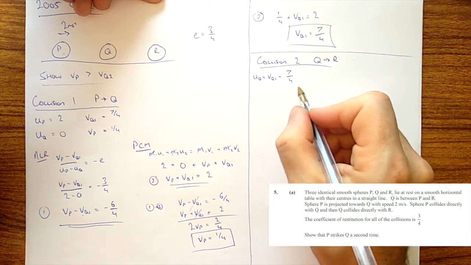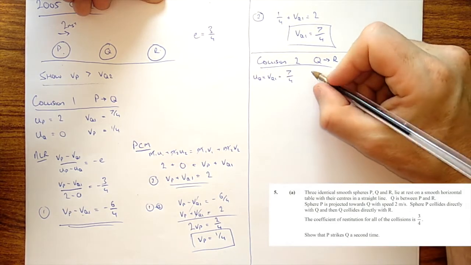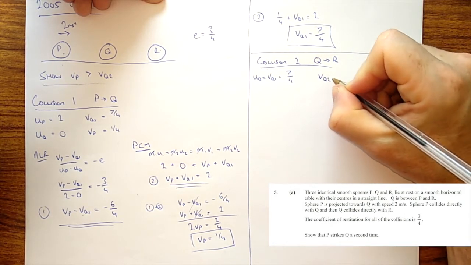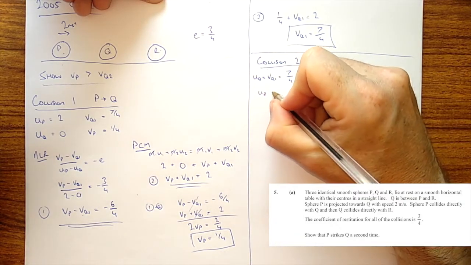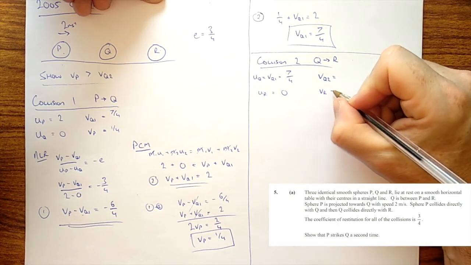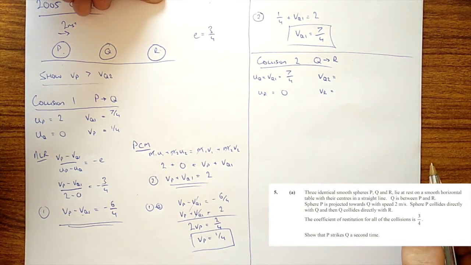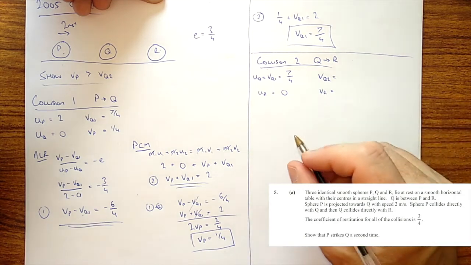Just be careful with your terminology here. If you're writing this as VQ, I'm going to mess up, because over here we have VQ2, and that's an unknown. UOR equals 0, because it's at rest. VOR is unknown. And we actually don't even really need to know VOR, so that might make life a bit easier later on.